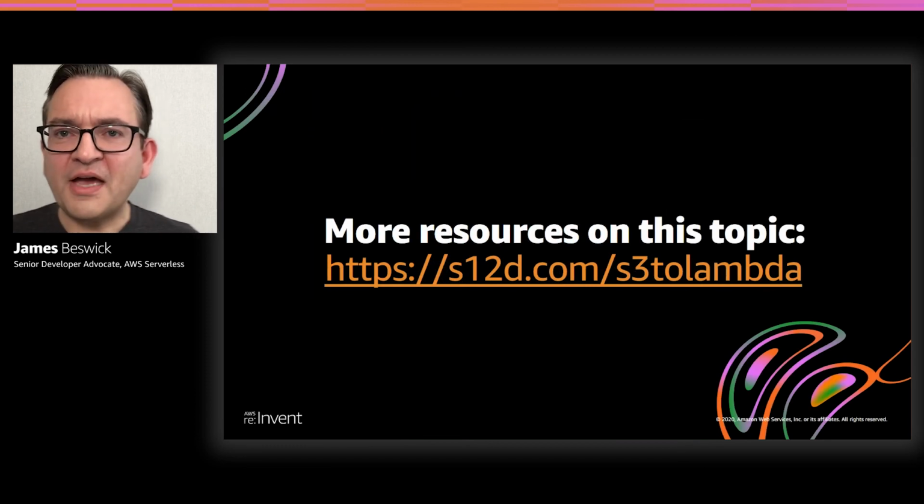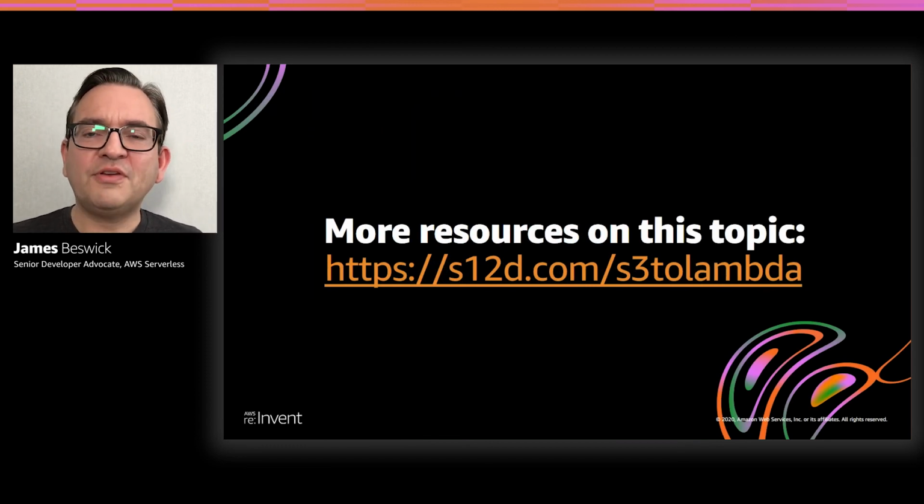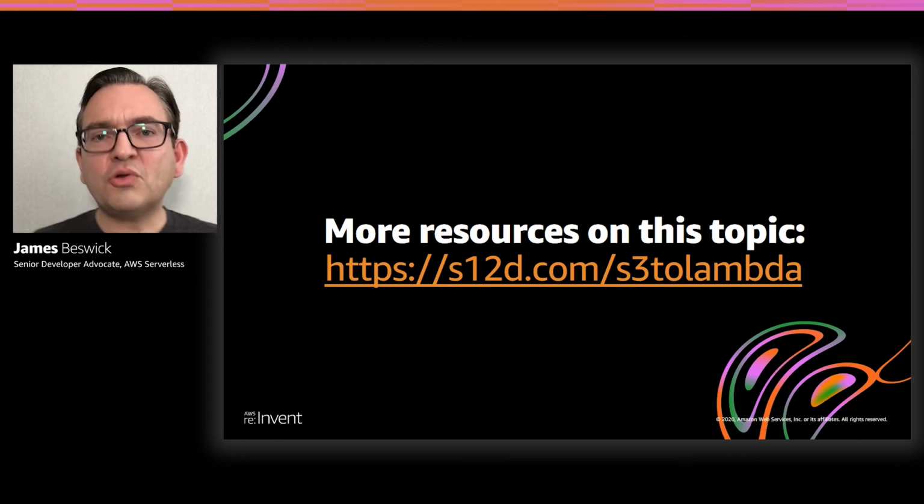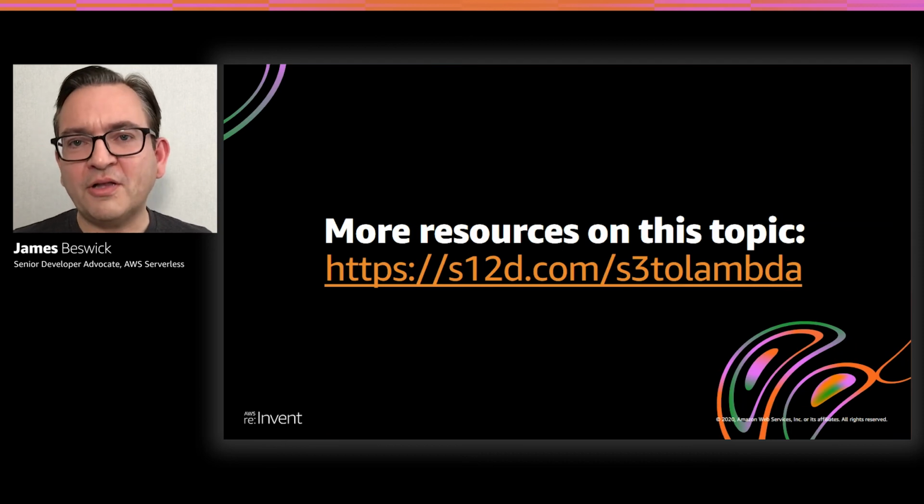So I've introduced 5 different examples on how to use the S3 to Lambda pattern as a core pattern for building a variety of different solutions for different challenges. Each example has a blog post and a repo, but I also have other videos and resources that can help explain how these work. All of these are available from this URL, s12d.com/S3 to Lambda.